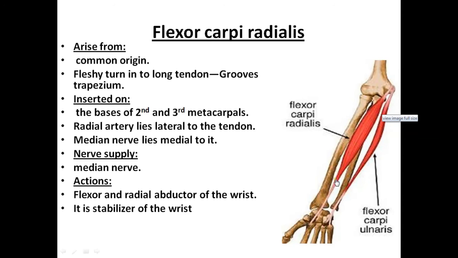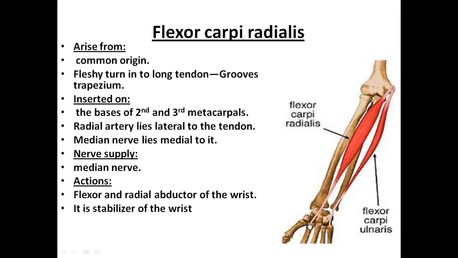As it reaches the distal part of the forearm, it becomes a tendon and grooves on the trapezium, and it inserts into the second and third metacarpals on the palmar surface of the hand.